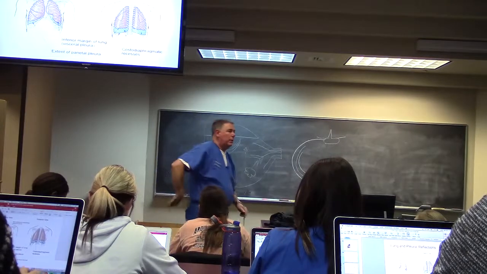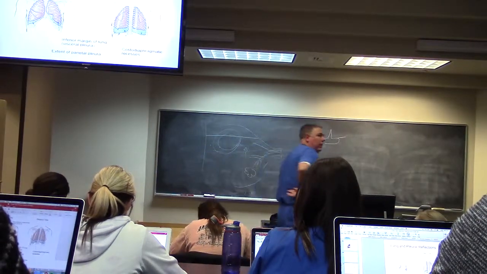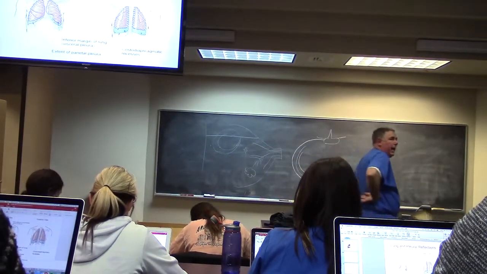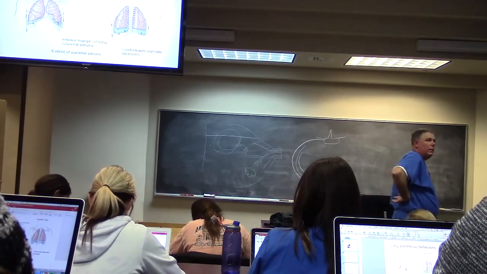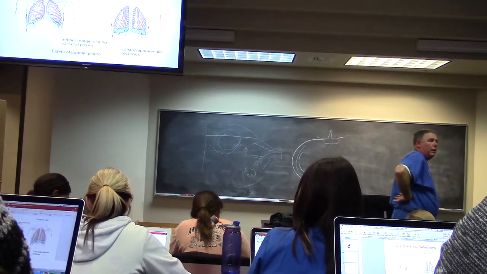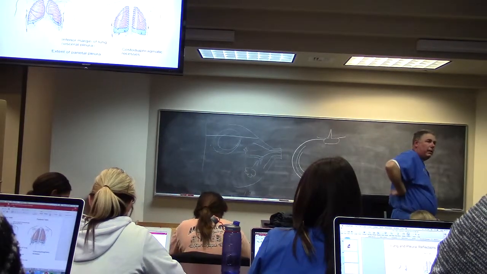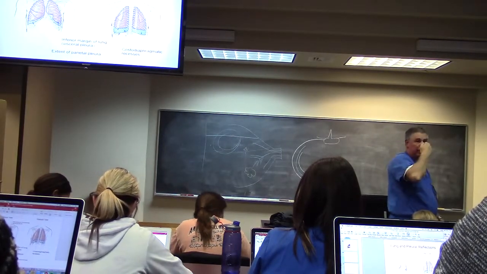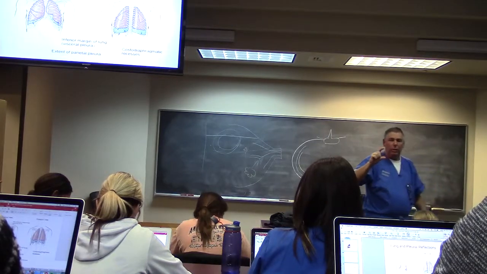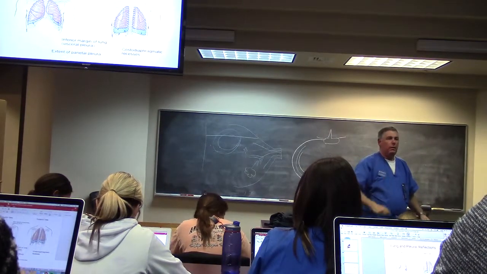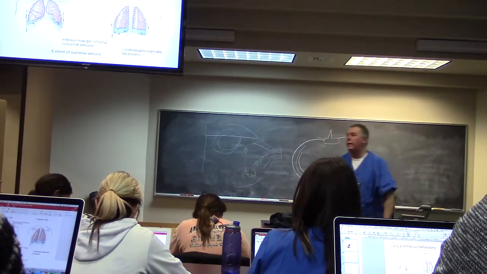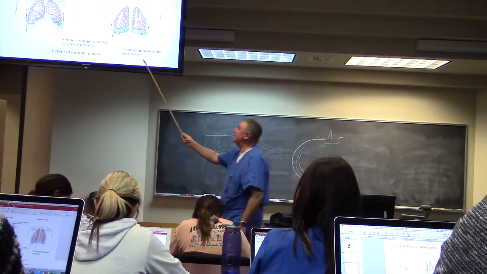So your diaphragm goes all the way out to T12 in the back. But your lung stops at T10. There's a space there. 2 intercostal spaces, actually, where there's no lung. That's called the costodiaphragmatic recess.